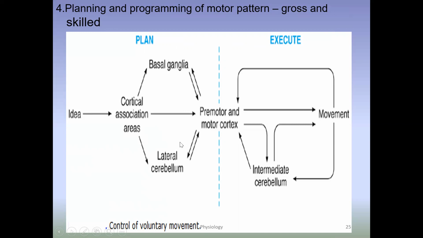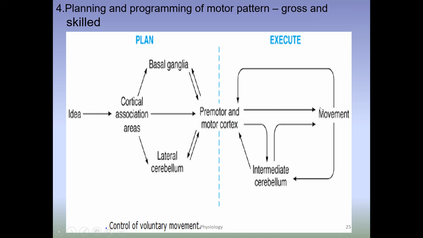And once that action is planned, that motor information or plan is sent to the premotor and motor cortex via the thalamus. Okay. So the lateral part of the cerebellum and the basal ganglia play an important role in planning and programming. And then the motor cortex sends the corrected signal to the spinal cord at the effector level.